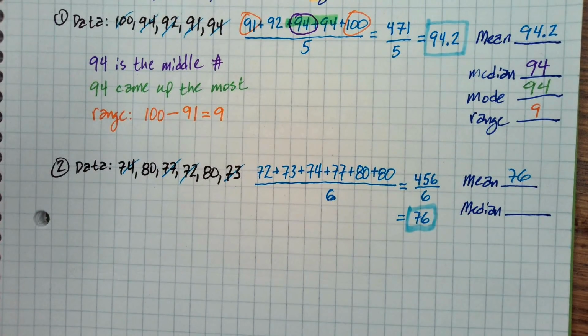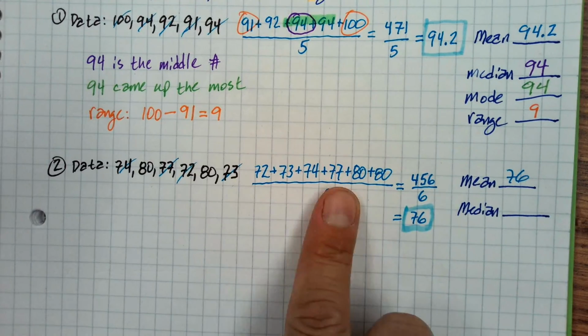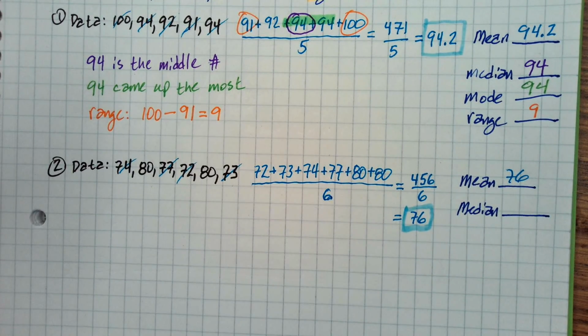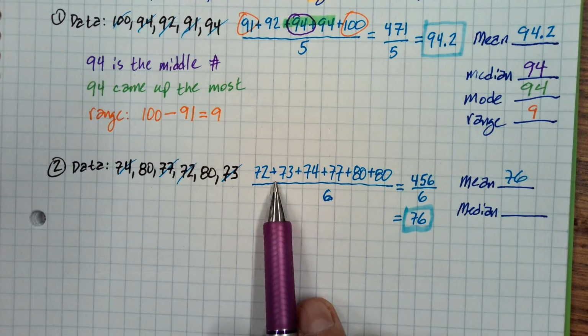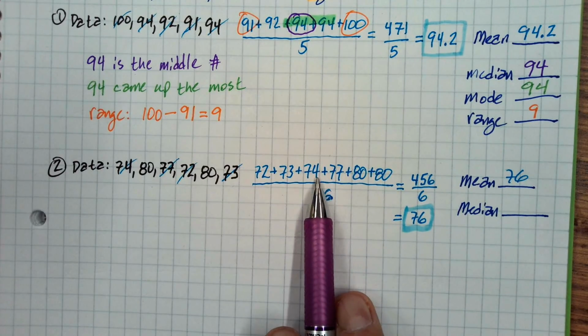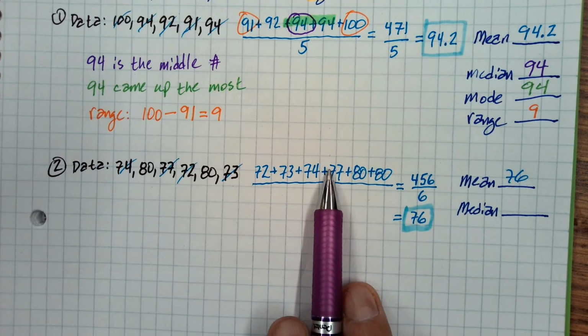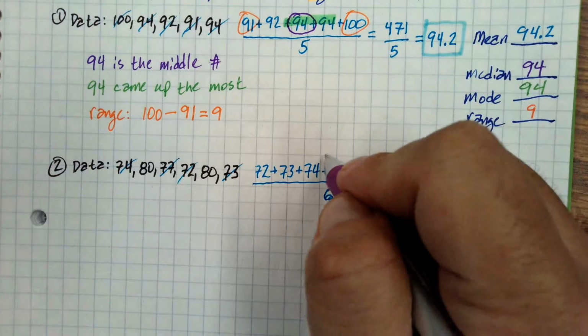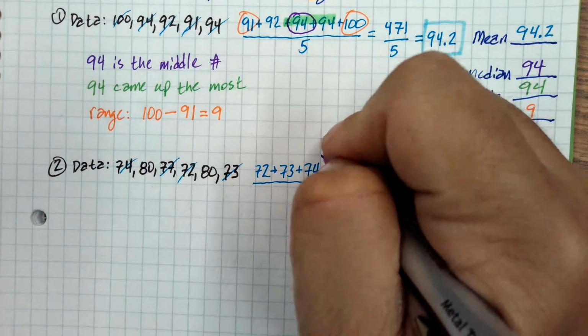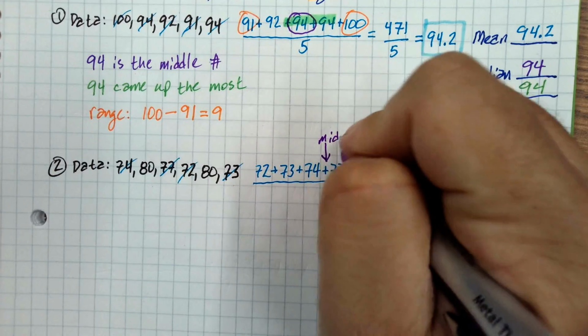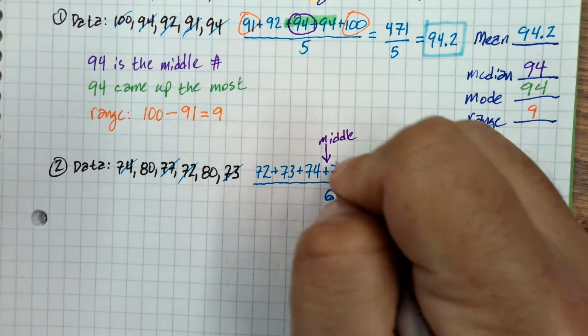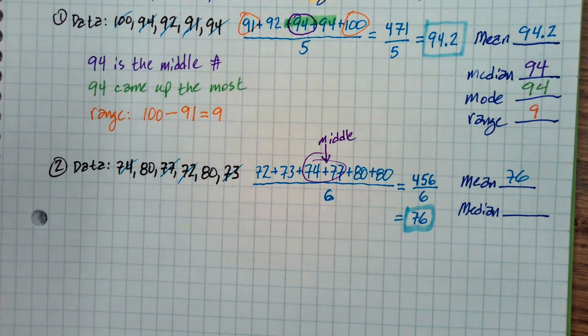Okay. So for the median, let's look at our data that's already sorted out that we added up there. And we want to find the number in the middle. But since it's 6, the middle is basically right here where we have 3 above and 3 below. So what we're going to do is we're going to take these two numbers, 74 and 77, and we're going to average them out.